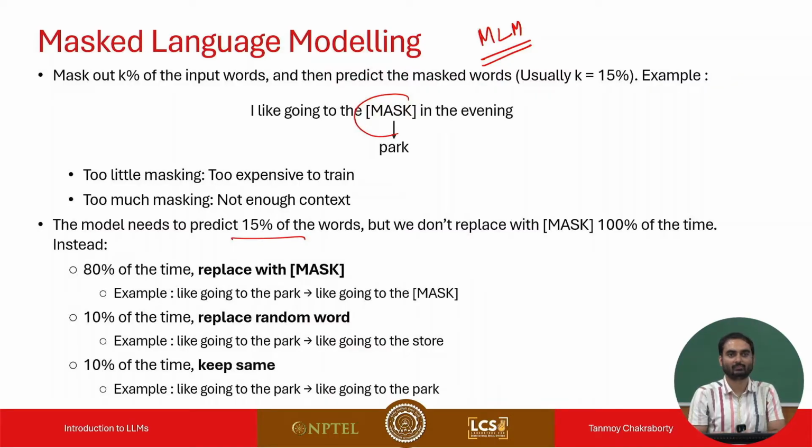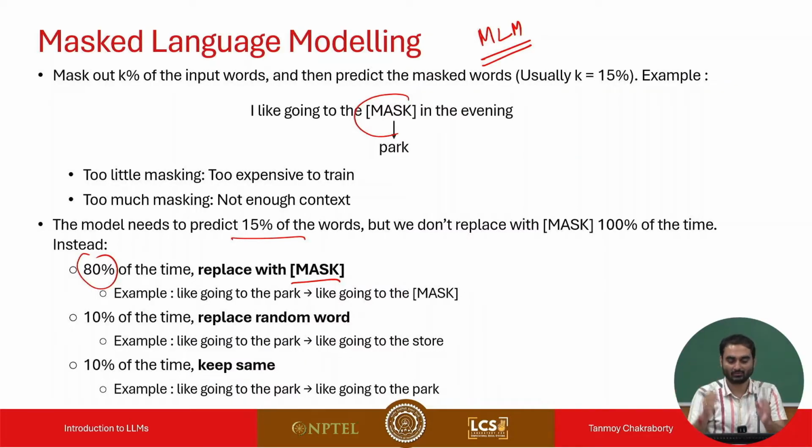What they showed is that 15% masking is enough. So you mask 15% of tokens present in the training set, but you mask in three different ways. Out of this 15%, in 80% of cases you basically just mask that token.